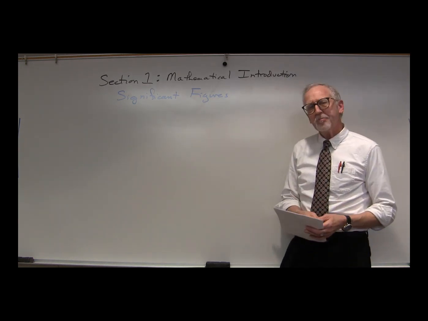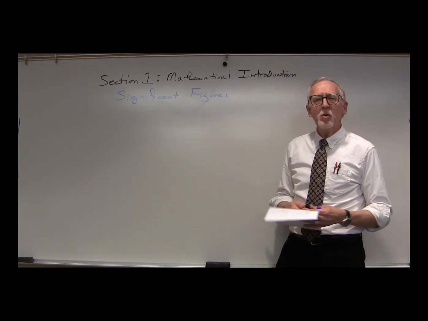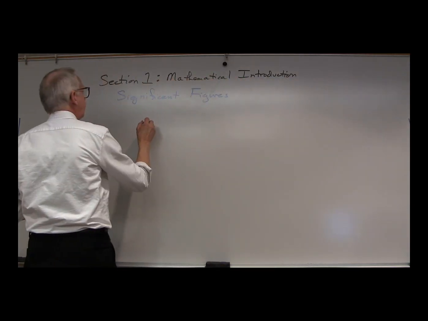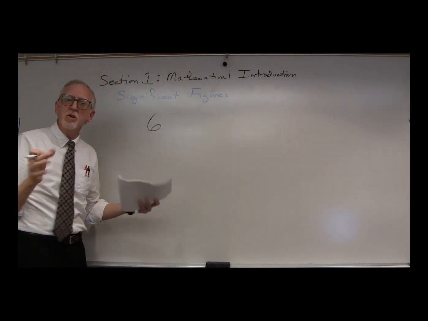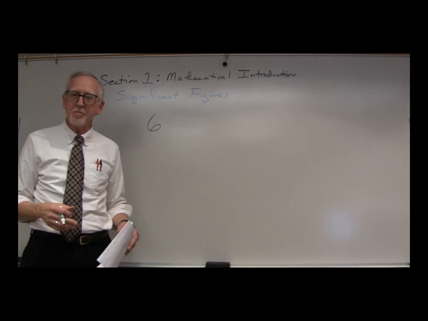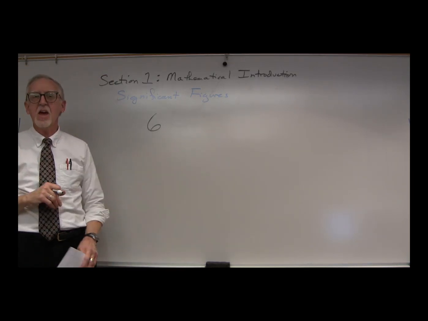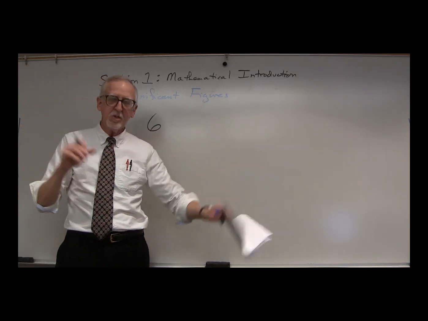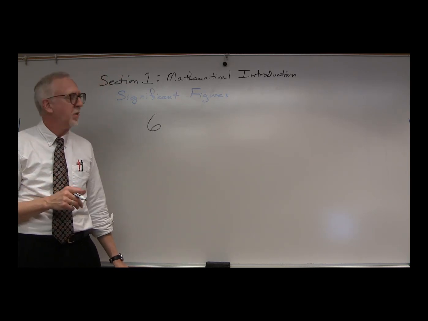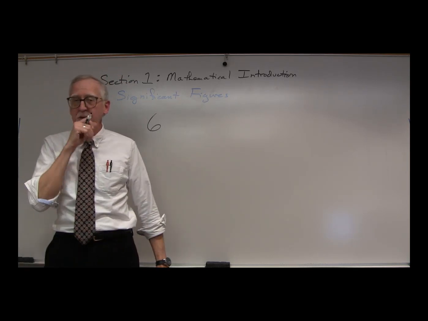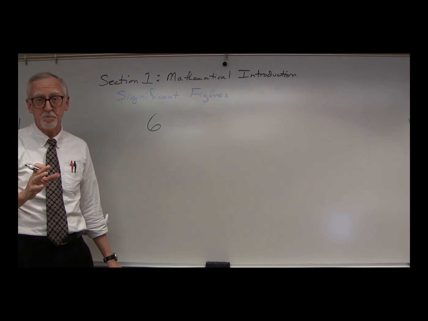For example, just imagine that we use this number 6 to describe something. Maybe I measure the length of a table and I say it's 6 units long. What do we mean when we say 6?